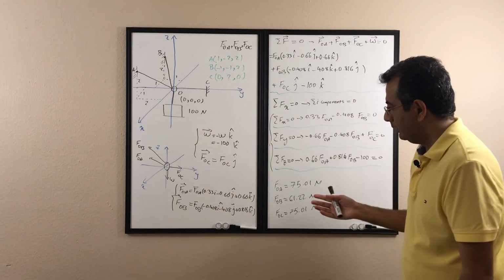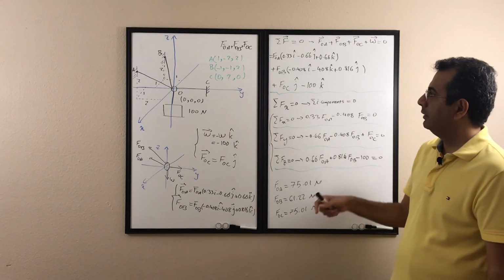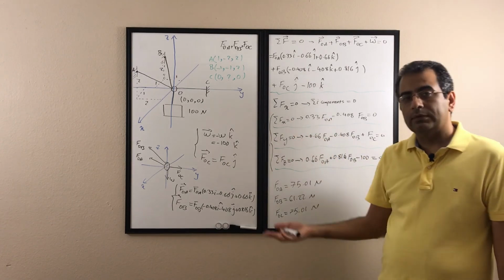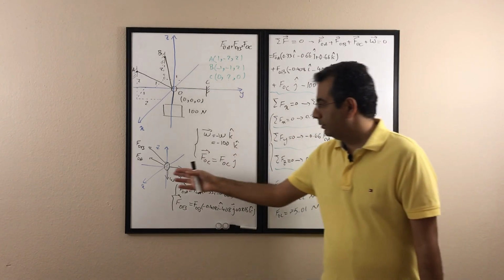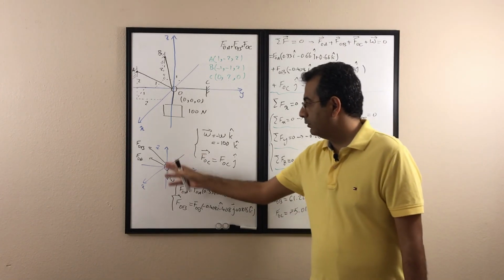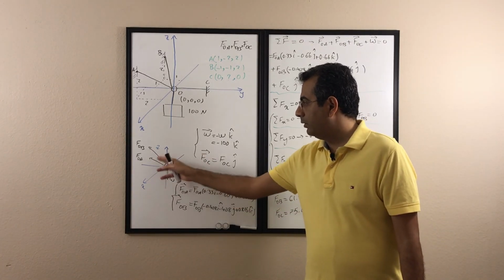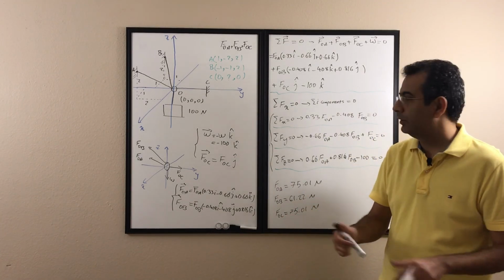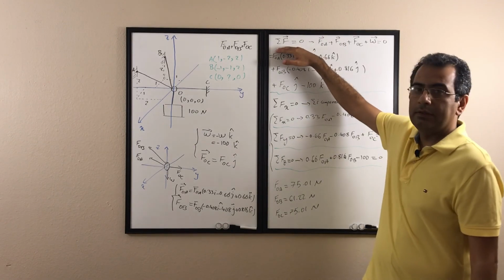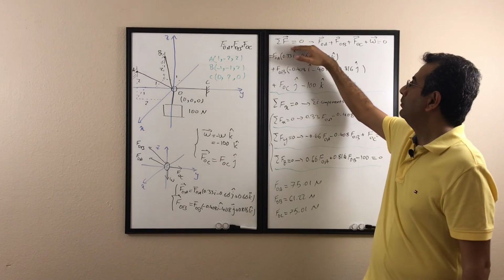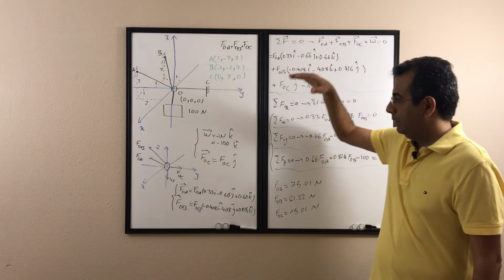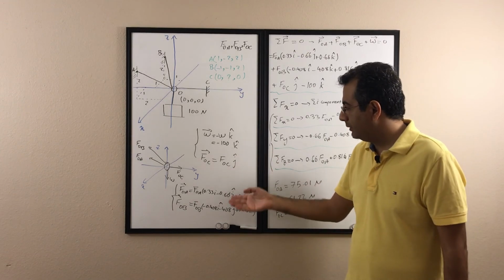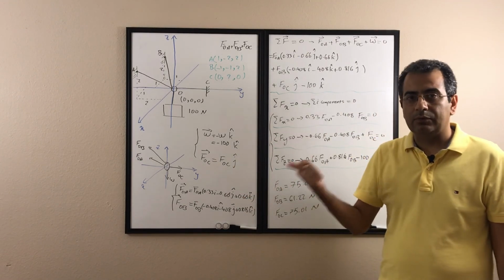If I do an overview of what we have done: when we have 3D problems, we need to find all the forces in Cartesian form. So we draw the free body diagram, put all the forces there, and find all the forces in Cartesian form. Forces along the X, Y or Z axis are very easy to write because they have only one component.